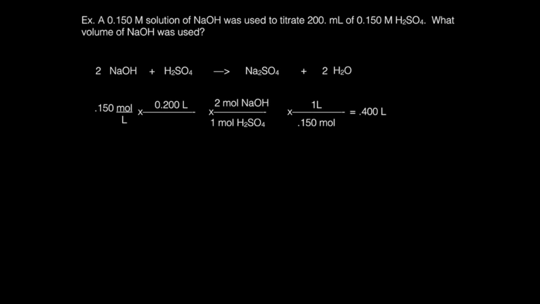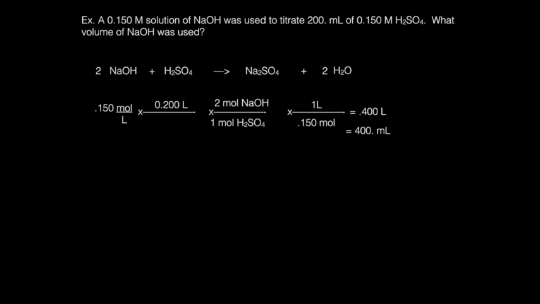So here I've got 0.400 liters. Now keep in mind, just because my other volume was in milliliters, I'm going to convert this into mLs. So I have 400 milliliters, and that's your answer. So while it seems like a completely different question, when you're doing a titration and when you're at your equivalence point, meaning equal numbers of moles of base and acid, again, all you need to do is some basic stoichiometry.